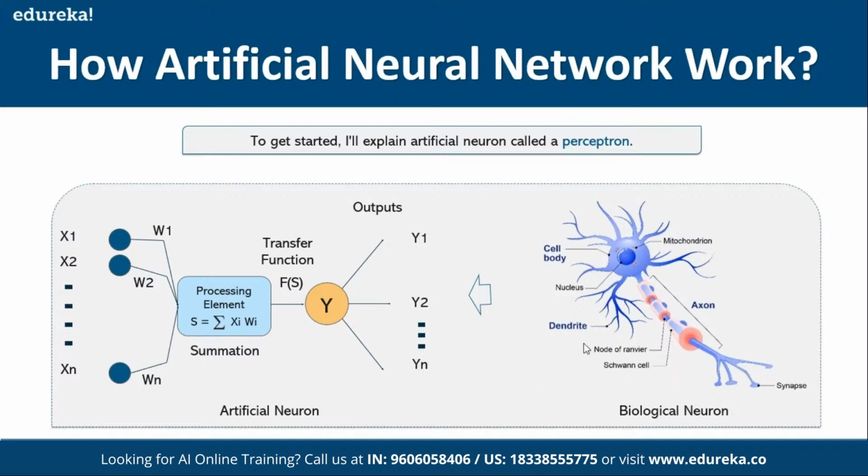Here your outputs become the input for your next neuron. So you build multiple artificial neurons and make a network, which eventually gets called a neural network. Every artificial neuron has an input and an output.